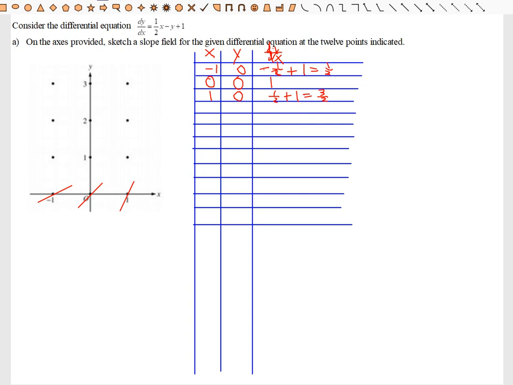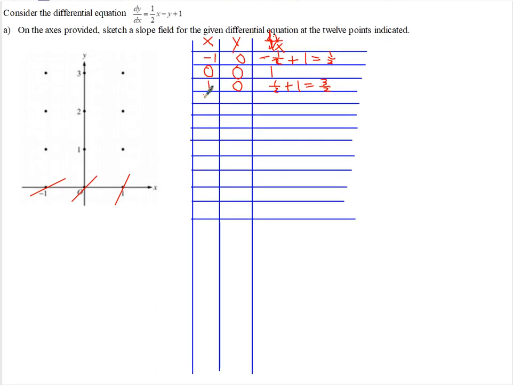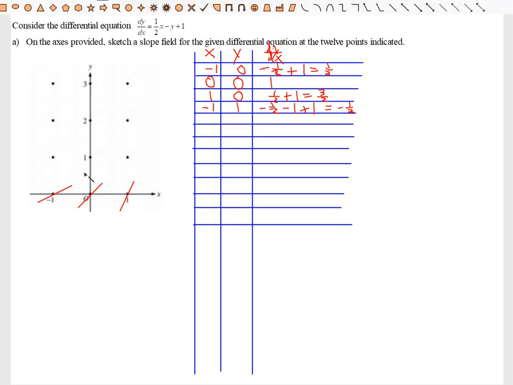All right, let's take a look at the next row here. So if we put in negative 1, 1, well, that's going to be negative 1 half. And then minus 1, plus 1. So the negative 1 and positive 1 cancel out, and you're just left with negative 1 half. So that'd be down 1, right 2, headed towards that point.